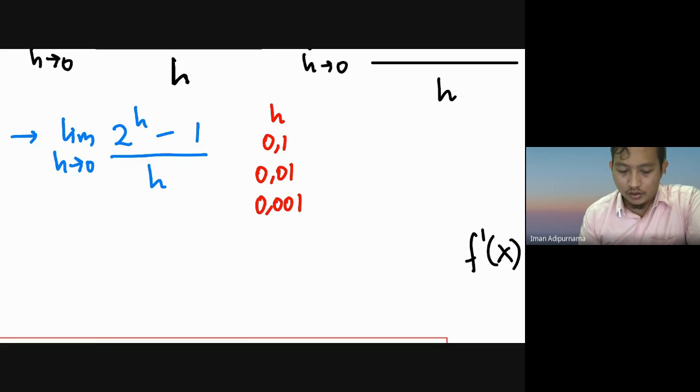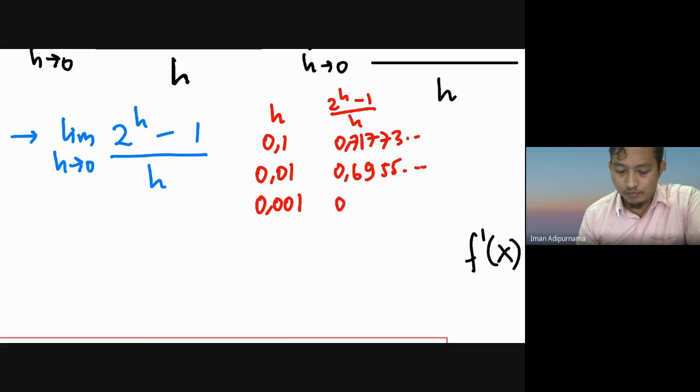The results will be 0.71773, then 0.6955 something, then 0.69339 something.